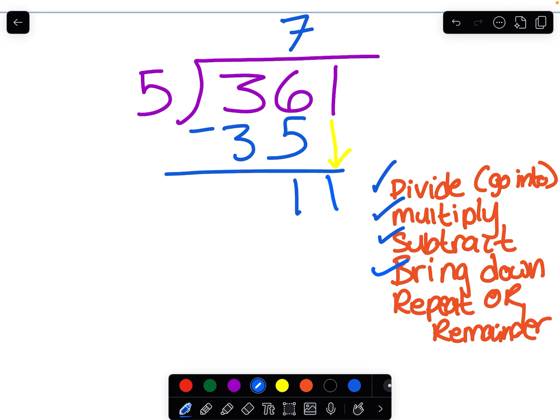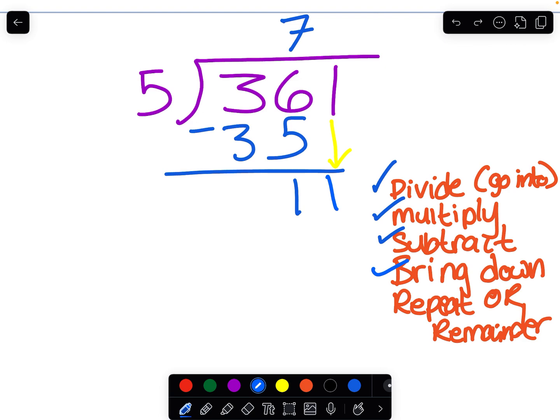How do you know whether or not to repeat the problem? Well, if the number that we have down here is greater than our divisor, we keep going, we repeat. 11 is greater than 5, so we repeat. It's only when the number down here is less than the divisor that it becomes our remainder.